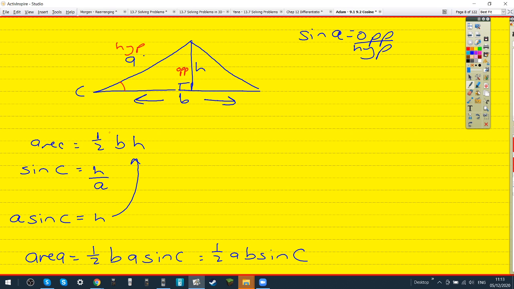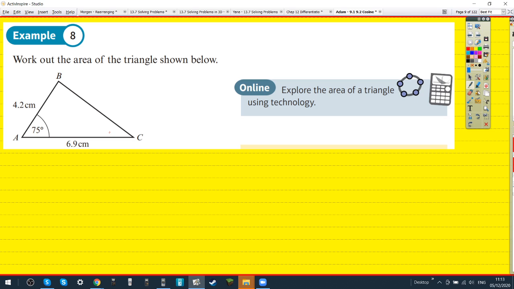So we just proved it. If you know the height, then the area is a half times base times height. If you don't know the height, you can do a half AB sine C. Okay, let's give it a go.